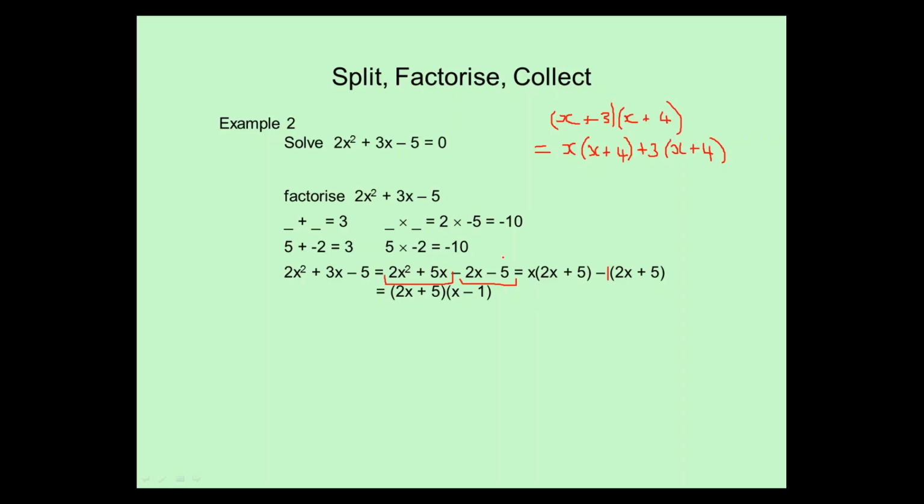Now, for those of us that can run through the possibilities for factorising very quickly, the trial and error route, this seems cumbersome. But for those that it takes a really long time, this provides an extra step, a process that they can follow in order to get towards the factorising.